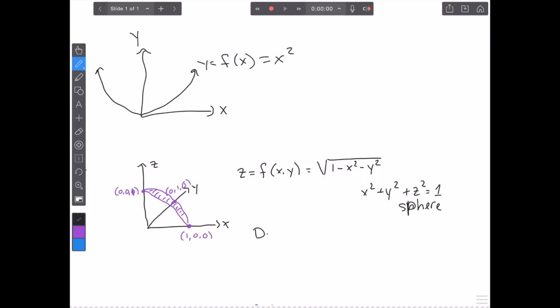So the domain of a function f of x, y, the formal definition, is the set of all points x, y such that f of x, y is defined.